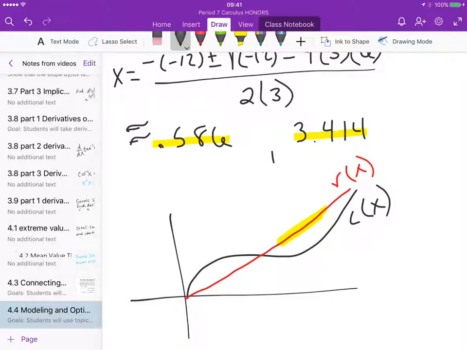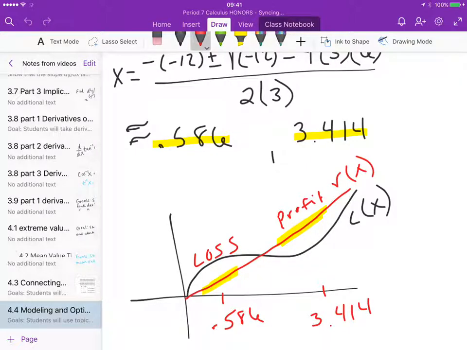This part in which it is lower, all right, this is going to show our loss, and this is going to show our profit, or our max profit that we see right in there. So just kind of knowing between the two, this is going to have to be smaller. So this is happening at 0.586, and this is happening at 3.414.